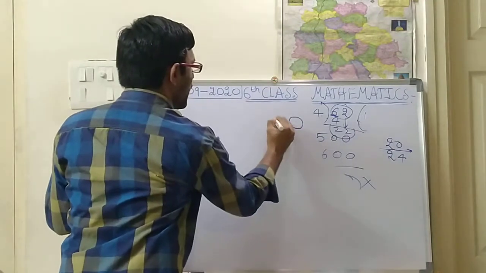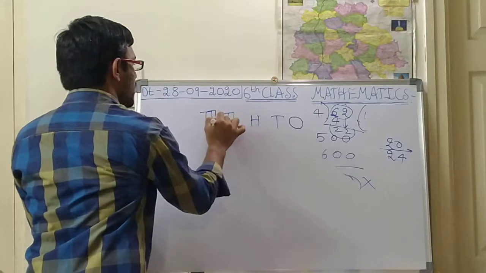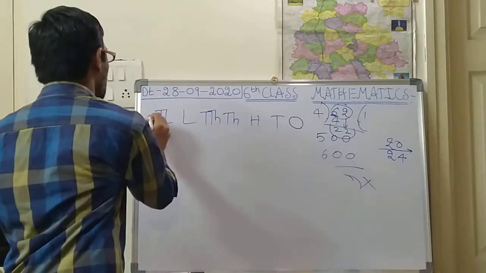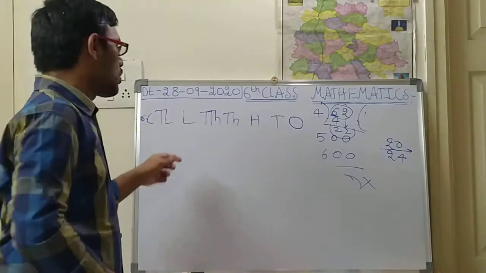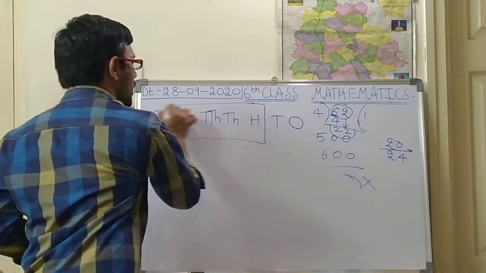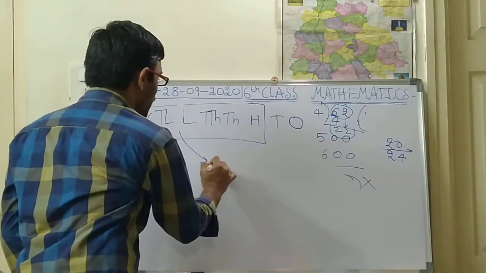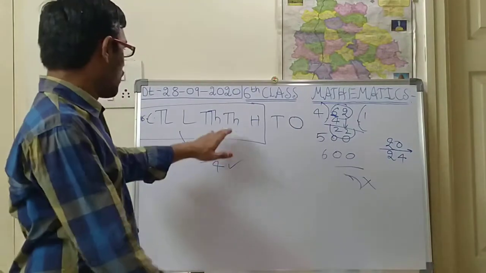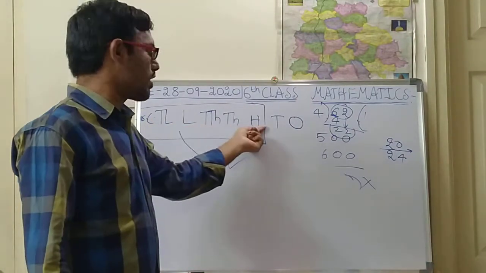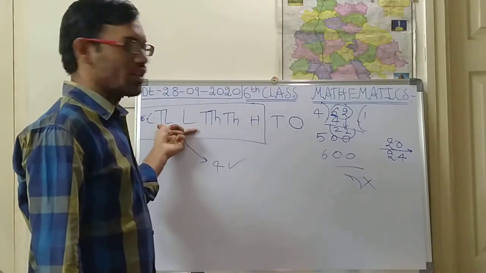The ones, tens, hundreds, thousands, ten thousands, lakhs, ten lakhs, and so on, crores, ten crores also. Up to hundreds, all the multiples are divisible by 4, so no need of any doubt, because these are all multiples of 100 only.